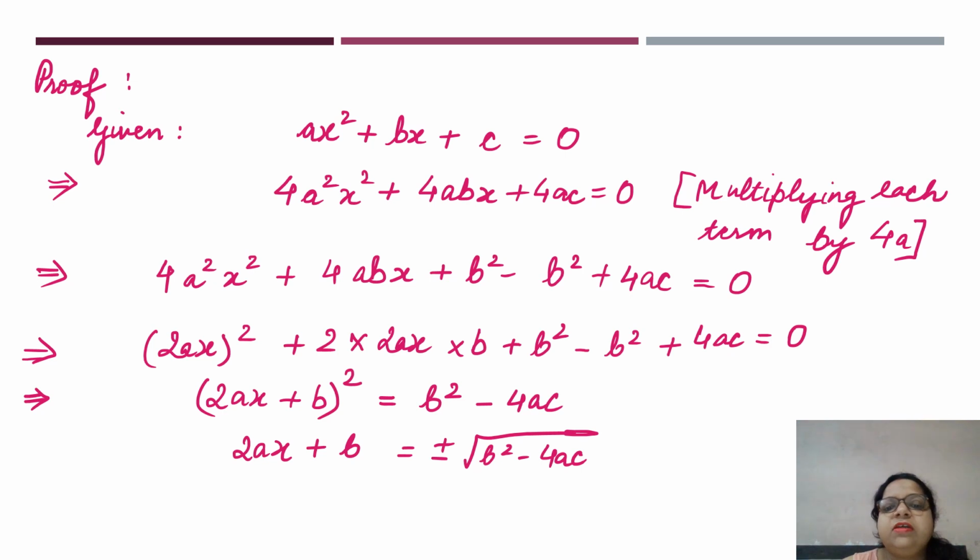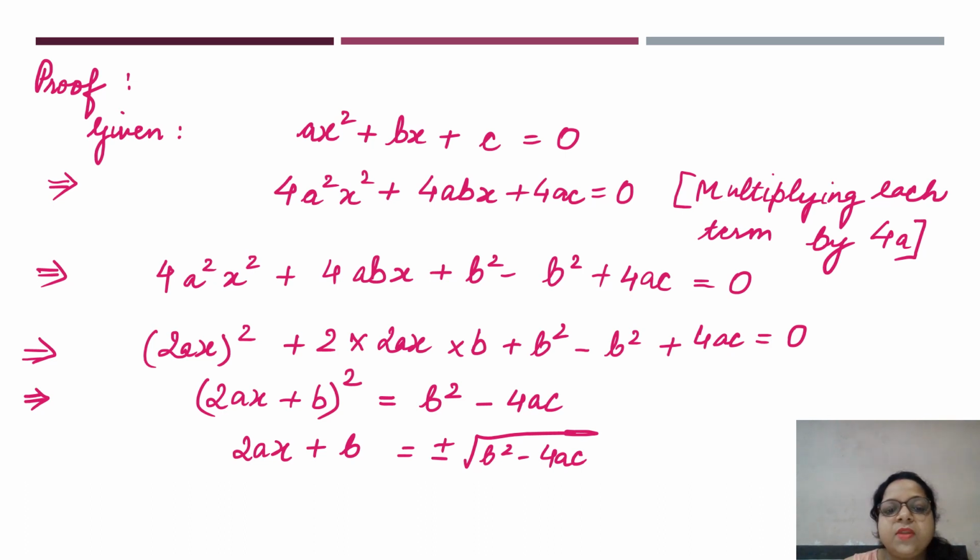Just look at this equation children. 2ax the whole square plus 2 into 2ax into b plus b square. If you take the whole thing, then what is it equal to? It is equal to 2ax plus b the whole square.